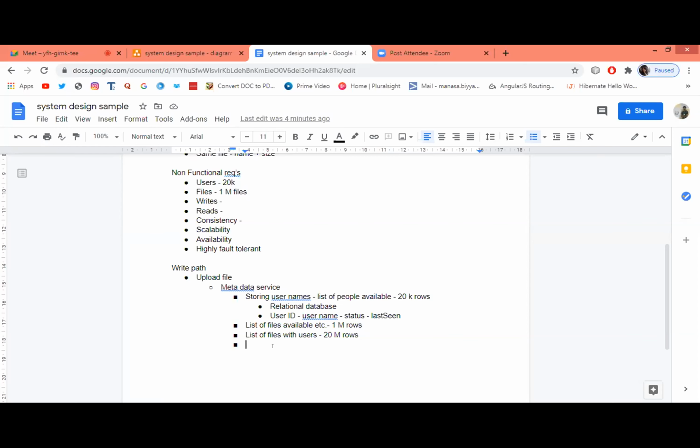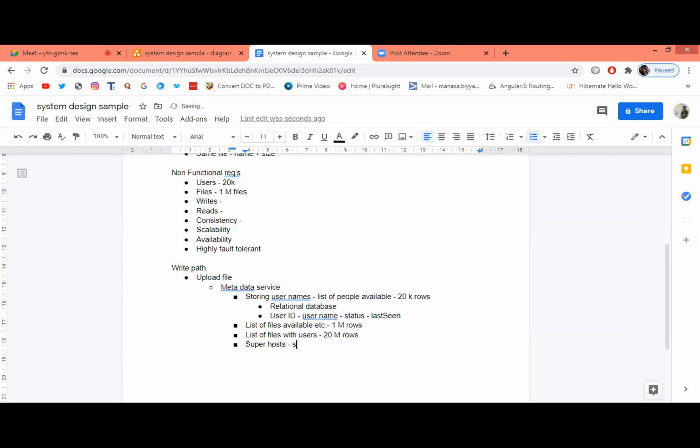Okay, so let's give them a name like super nodes or super hosts. They are the ones which will be storing it.